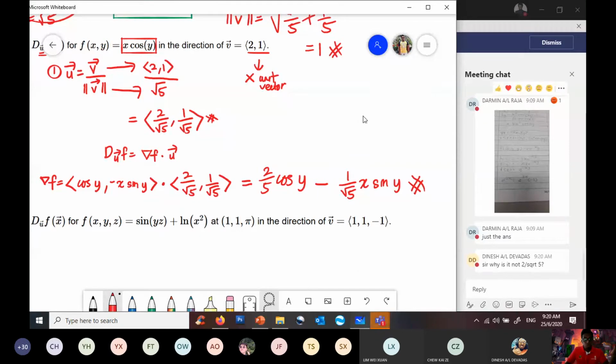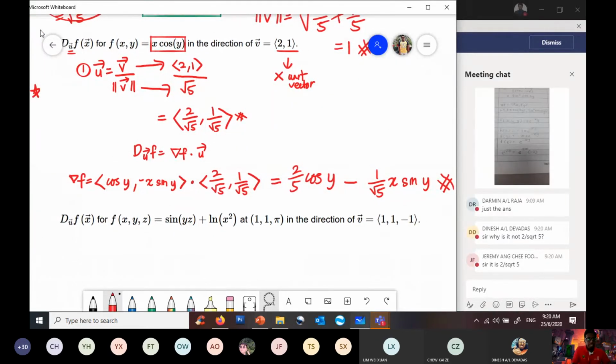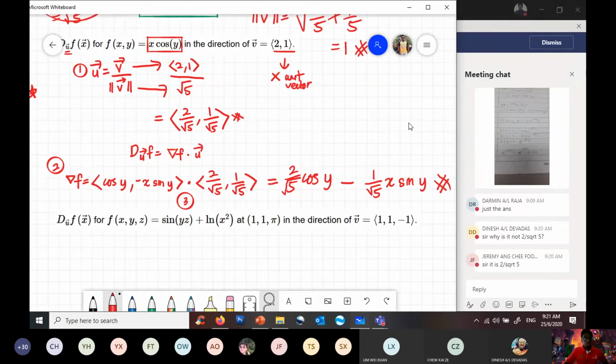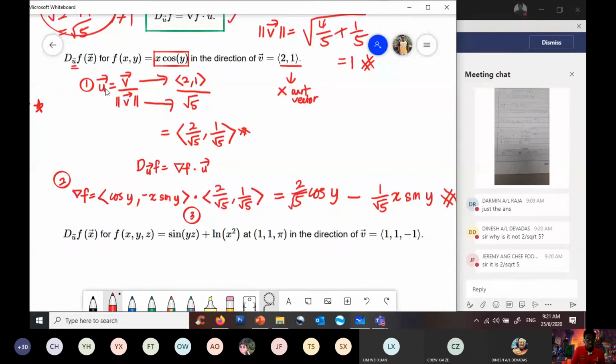You can boil it down to three steps: find your unit vector, find your gradient vector, and find the dot product between both of them. The first component is 2 over square root 5, correct? Okay, that would be your directional derivative.